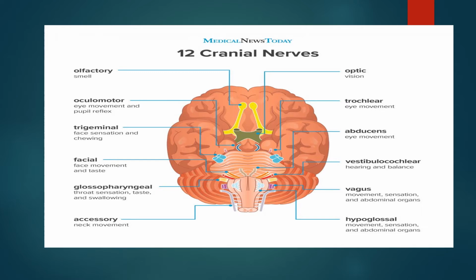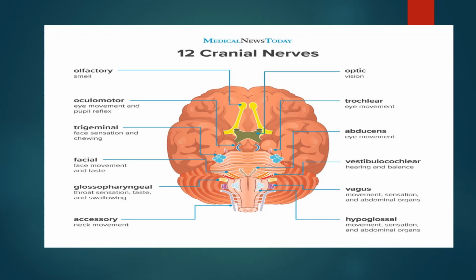Okay, here you can see the parts where these nerves arise. Number six is abducent, which controls eye movement. Number seven is the facial, which controls face movement and taste. Number eight is vestibulocochlear, which includes hearing and balance.